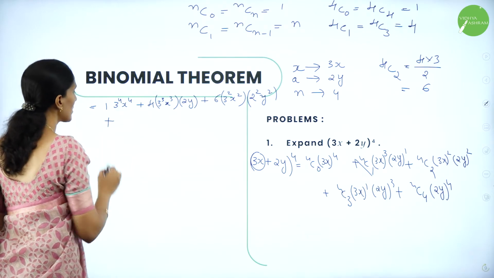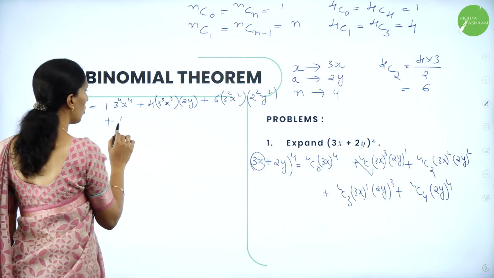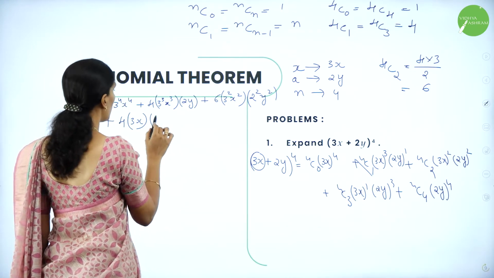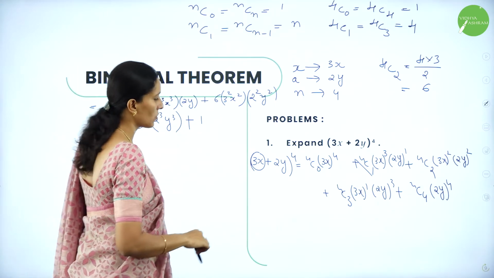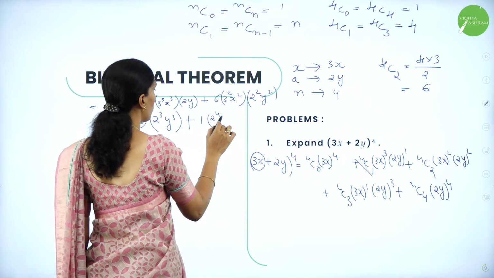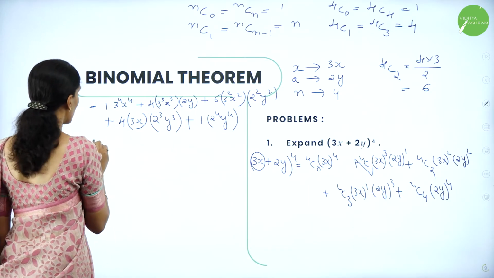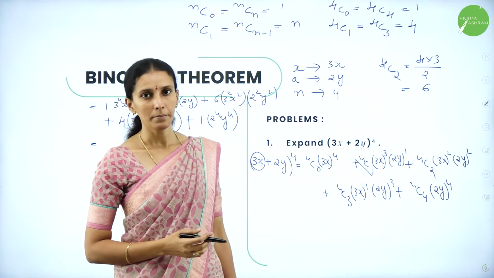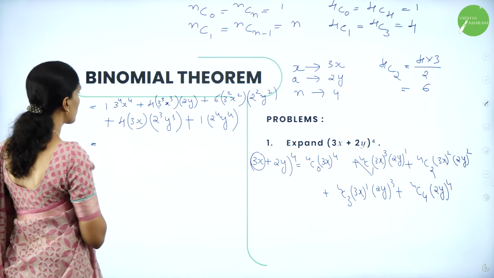Next is 4C3. I have already done it, 4C3 is 4. So 4, 3x and here it's 2 cube y cube. And the last coefficient is 1. It is 2 power 4 y power 4. So this is how the expansion looks. Then find the values of all the numbers there and multiply them. You will get the final answer. So here is what I'll get.